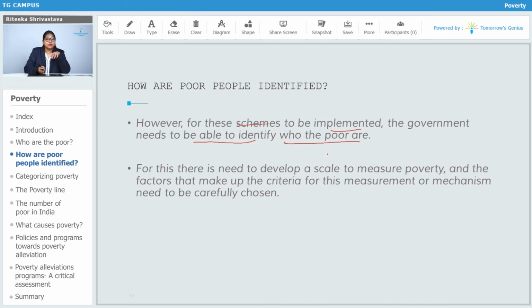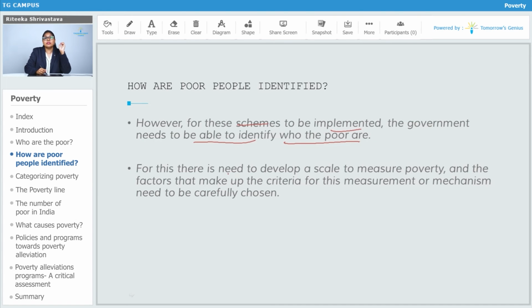We are not supposed to apply that solution to the whole country. We only have to apply that scheme to those parts of the country which are weaker or very poor. So in order to apply the scheme, it is very important for the government to understand exactly who the poor people are. Accordingly, we will implement our schemes and plans on them.